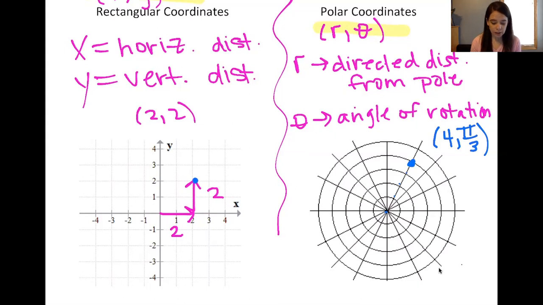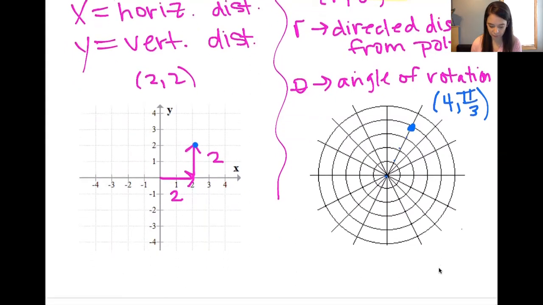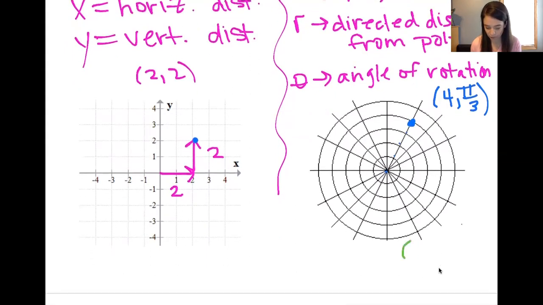Okay. Now, let's go ahead and change our coordinate. I'm going to write in green now. If I had the coordinate negative 3, comma, pi over 3, I'm still talking about using this same angle. But since we have an r value that's negative, we would actually move along that line, but we would move backwards 3.